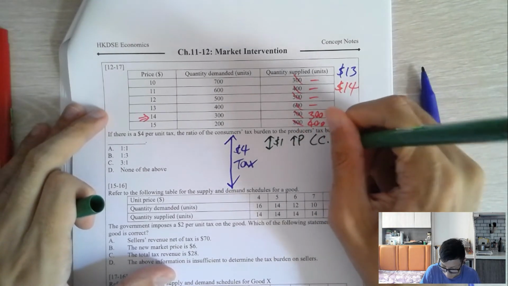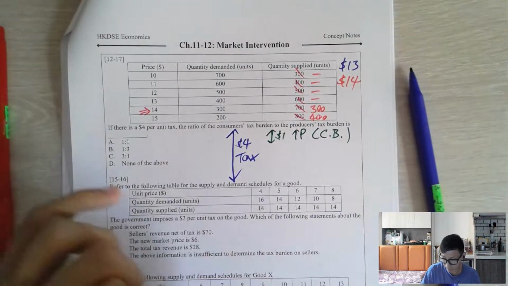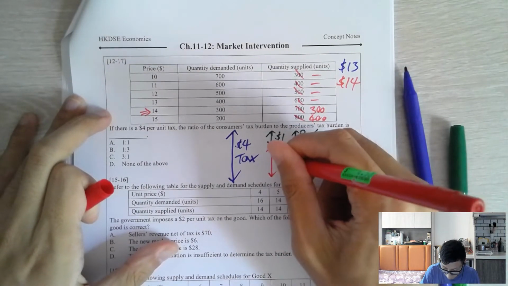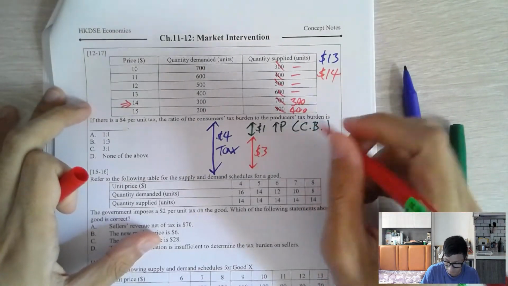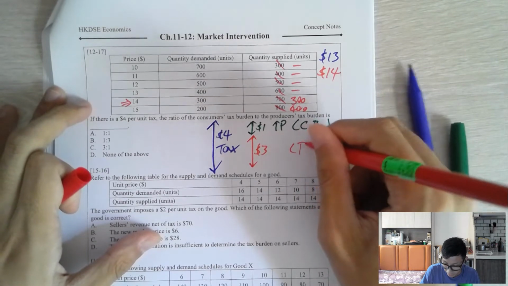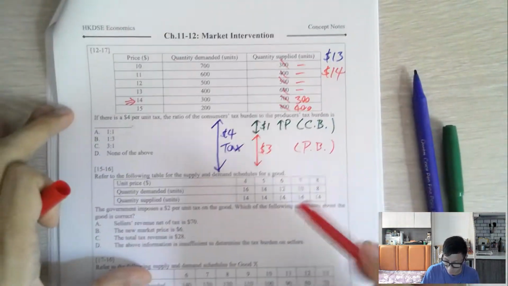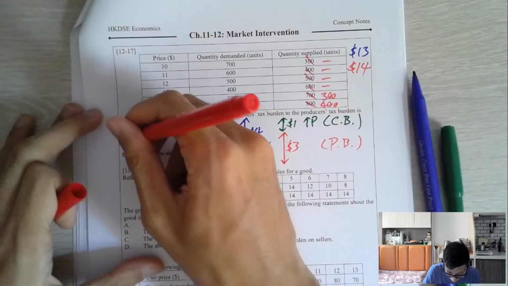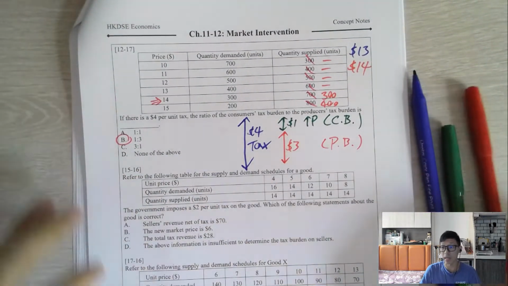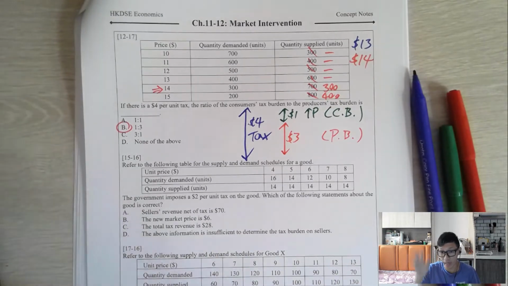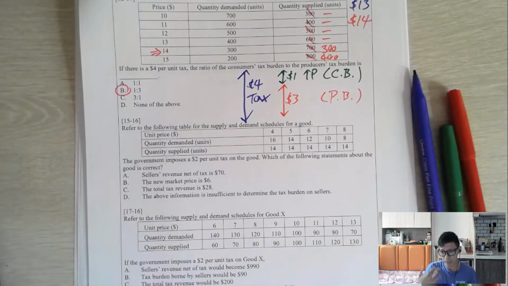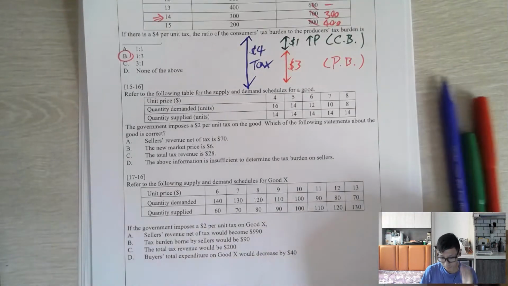This is consumer part. 係咪貴咗 consumer 咪食咯？Okay, now the rest of the $3 would be borne by the producer. We know consumer tax burden to producer tax burden would be 1 to 3. 原來咁計嘅啫，唔使諗咁多嘢㗎。Okay, actually quite straightforward if you understand what's going on.